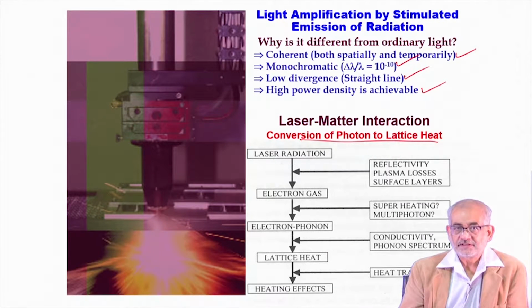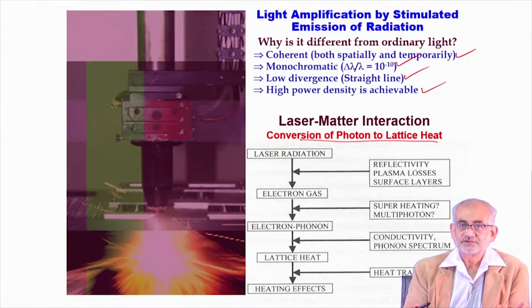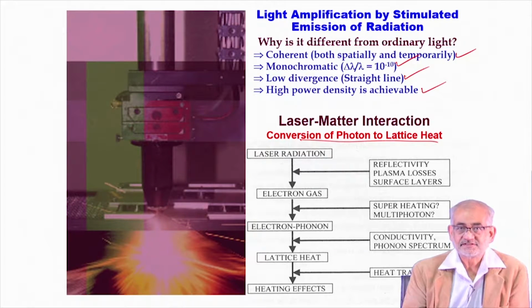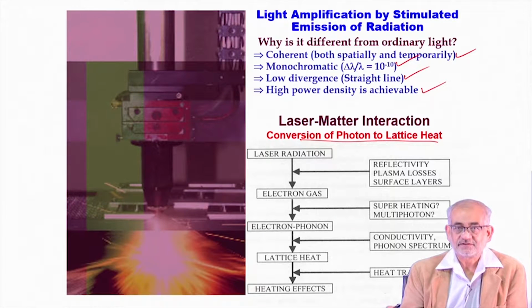Now, one way of overcoming this problem would be either you raise the temperature, where the coupling efficiency increases, or you go for lower wavelength lasers, so that the coupling efficiency increases. For that reason, you would prefer Nd:YAG laser or solid state laser, or for even shorter wavelength one goes to excimer lasers or diode lasers and so on. 10.6 micrometer would be the wavelength of CO2 laser, which is fairly on the higher side, whereas 1.06 micrometer would be from Nd:YAG.